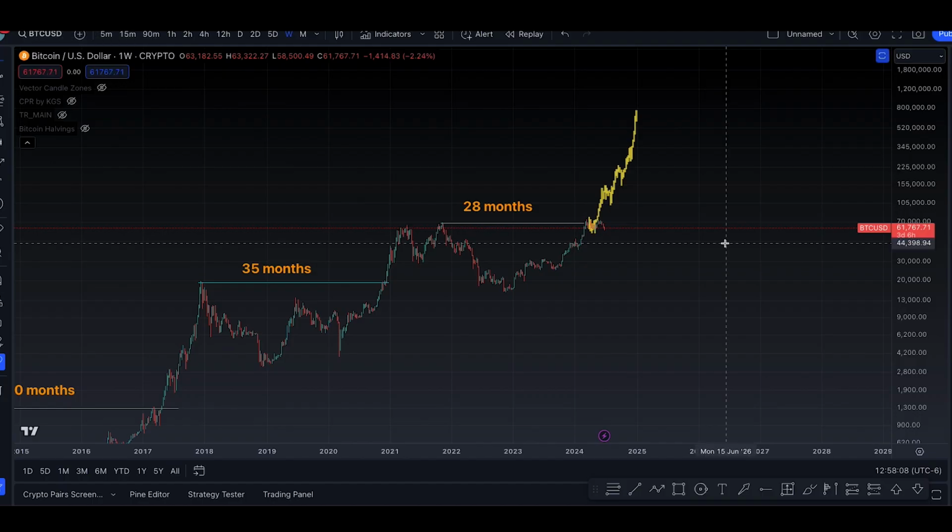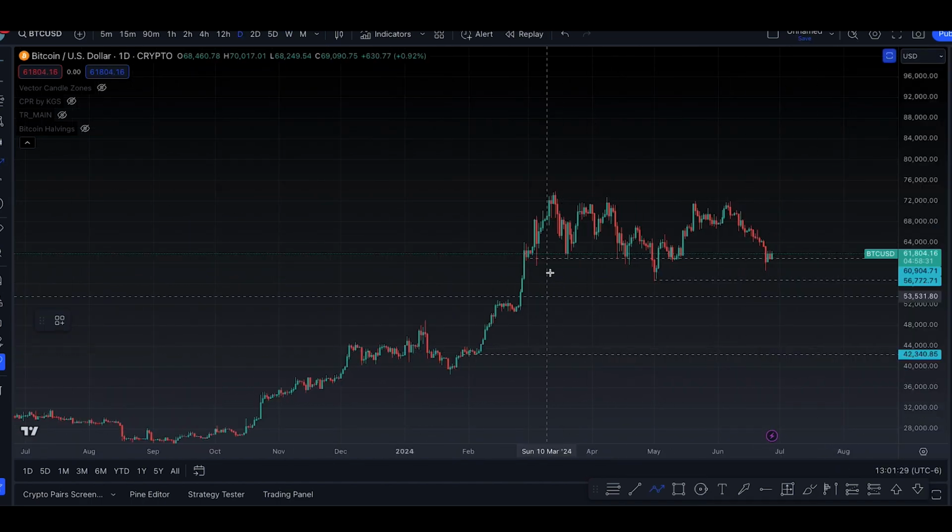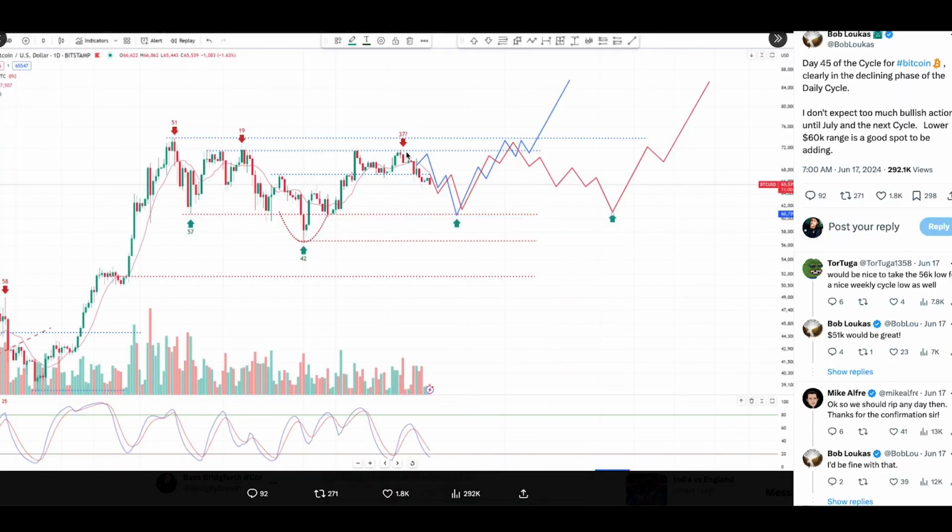Finally, we will follow up on Bob Lucas's three scenarios. Now, Bob Lucas just theorized that he sees three scenarios from the current price action. And prior to, he had drawn this on June 17th.